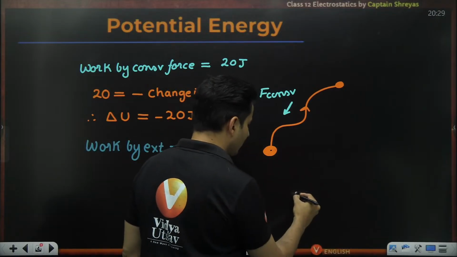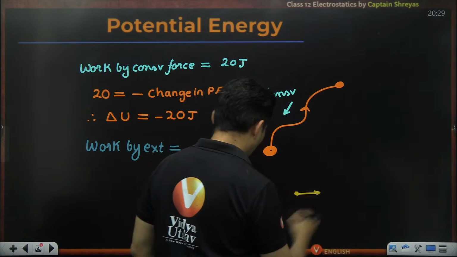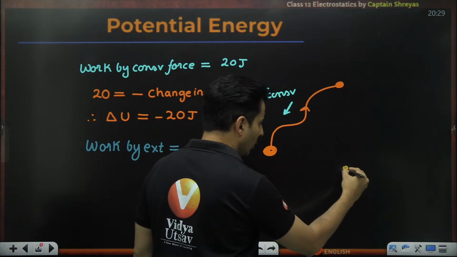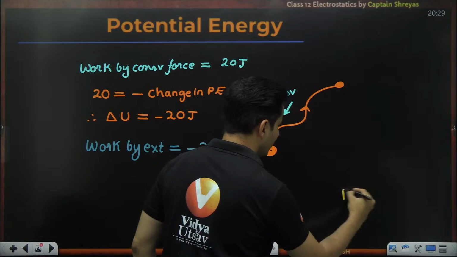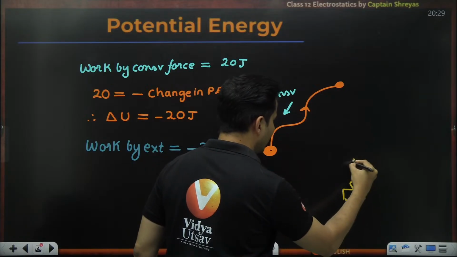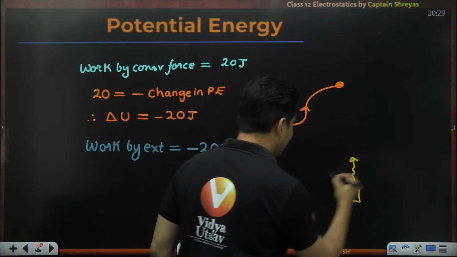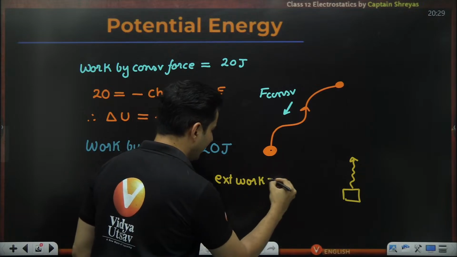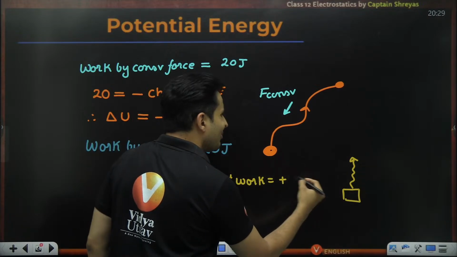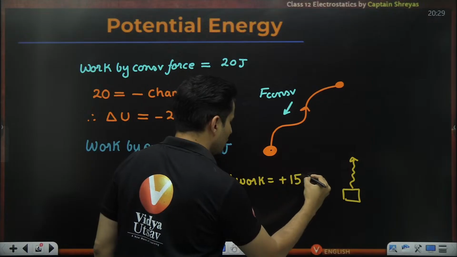Say for example, I am taking some box over here and I'm taking it up. So let's say the external work done in this case is plus maybe 15 joules.